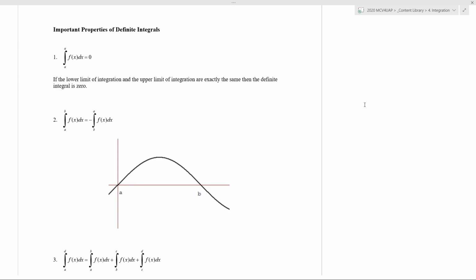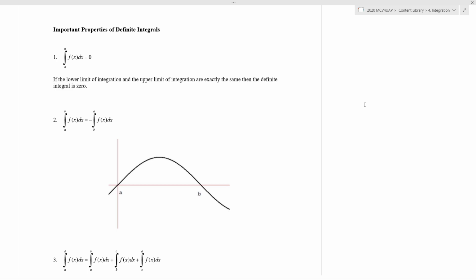The second property speaks to integrating from left to right and how that's similar to integrating from right to left. The only difference is a negative sign. So if I'm integrating from a to b, the function f of x, integrating from a to b would typically be from the left starting point, which is a, to the right end point, which would be b.